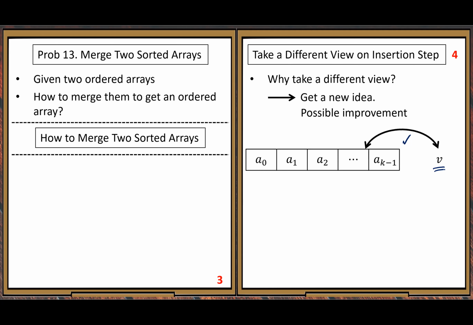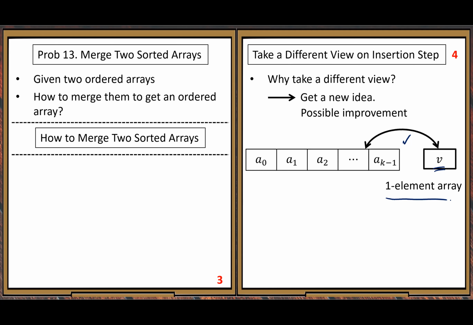Can we look at that insertion step in a slightly different view? Here we treat this one key element. Can we treat it as a one element array?